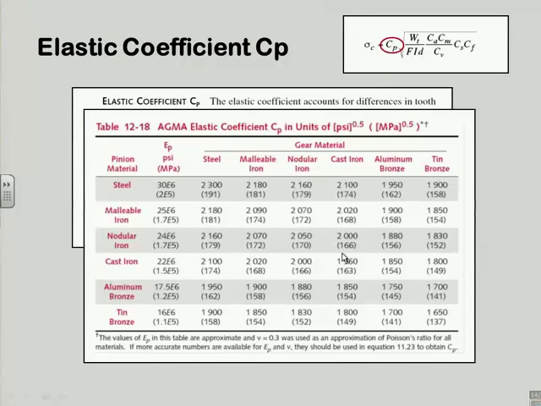But cast iron for a gear with a steel pinion is a popular combo because the cast iron will tend to run quieter, and that's because it has good internal damping, which is typical of cast materials in general. Because of their granular structure, they tend not to transmit noise and vibration as effectively as a piece of solid steel, which is a really good bell.